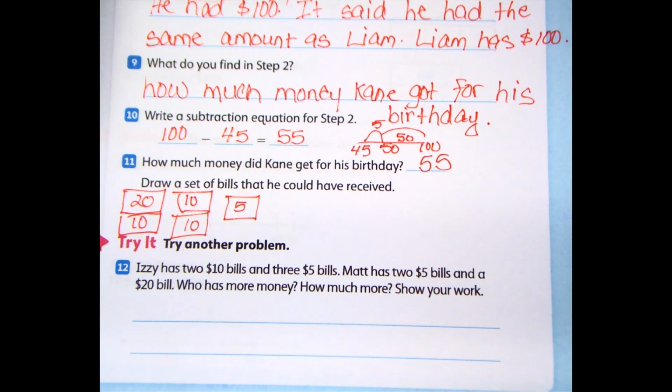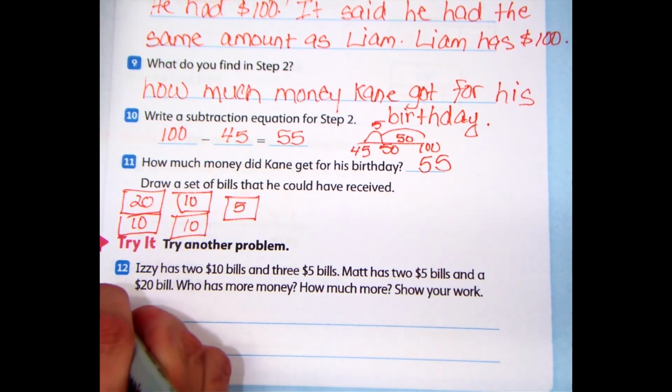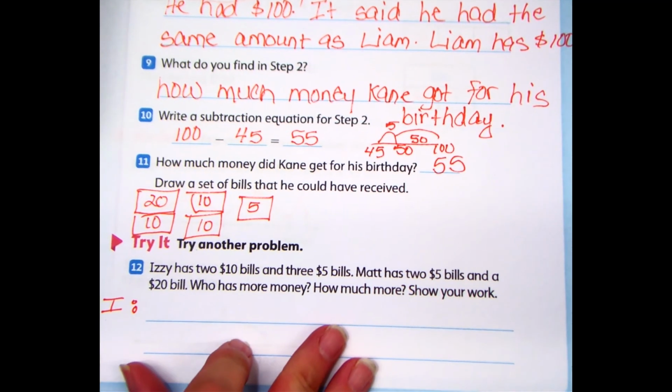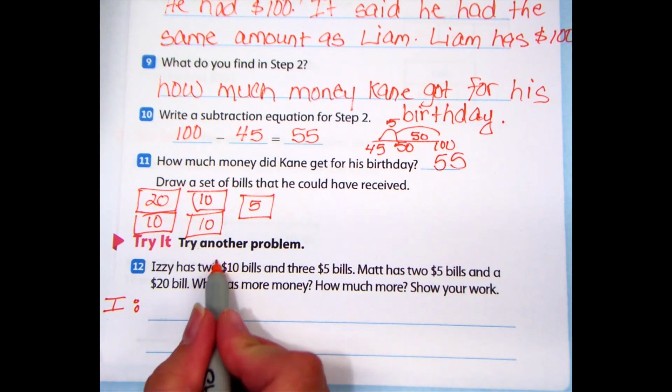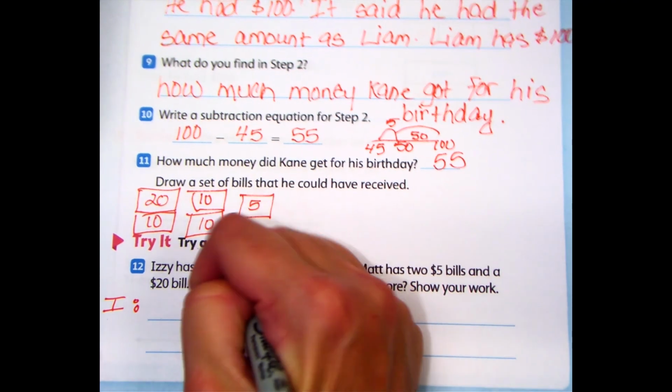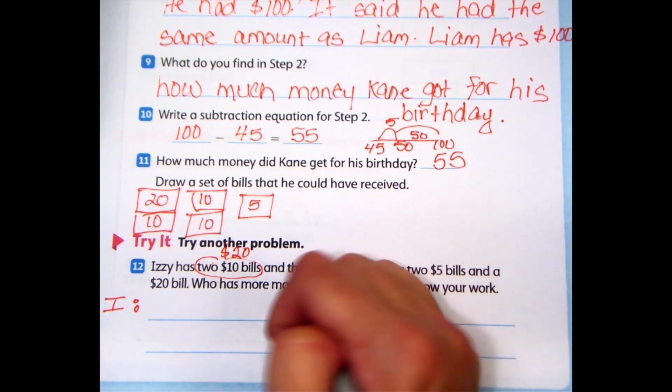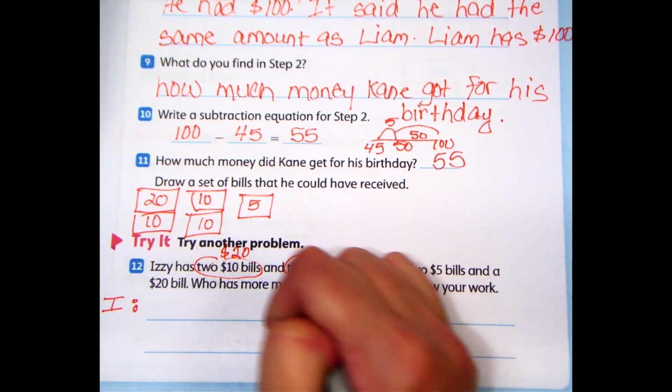Hey, welcome back. All right, let's go ahead and solve this problem. So the first thing I need to know is, well, how much money they each have. So I'm going to put an I for Izzy here. Okay, so Izzy, she has 2 $10 bills, so that makes $20 right here, and 3 $5 bills.